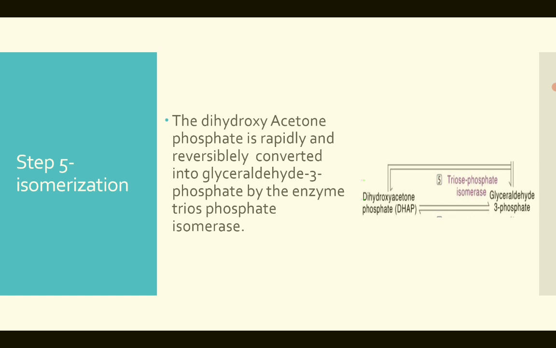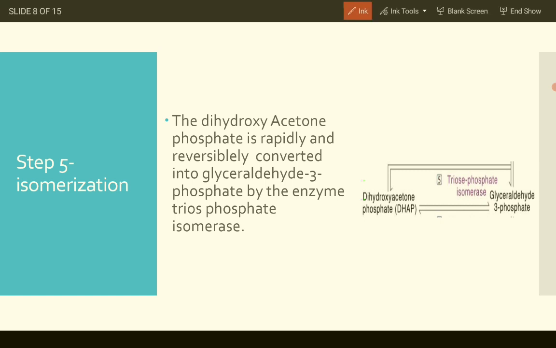Now in step 5 there is another isomerization reaction. What happens in this isomerization is that, like I said before, there are two 3 carbon molecules produced, dihydroxyacetone phosphate and glyceraldehyde 3 phosphate. But in step 5, dihydroxyacetone phosphate is converted into glyceraldehyde 3 phosphate.